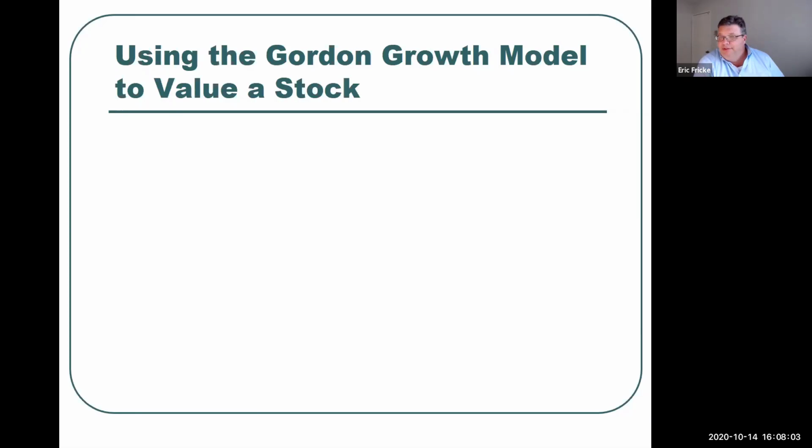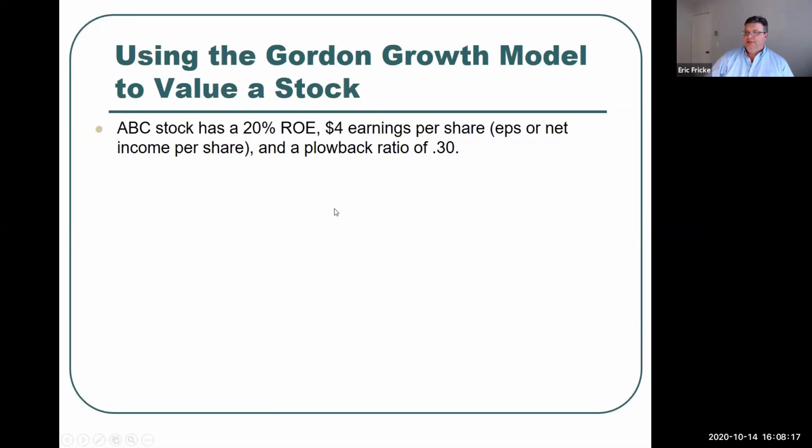So I'm going to give you guys another situation, and I want you to go ahead and calculate the value of the stock given the following situation. ABC stock has a 20% ROE, earnings per share are $4, and sometimes people refer to earnings per share as EPS or net income per share.